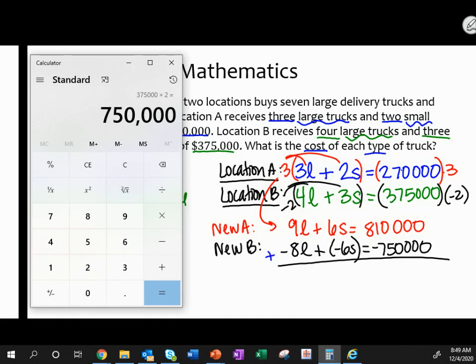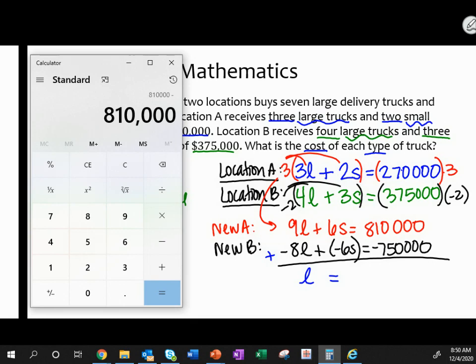Now when we add, 9L subtract 8L is a single L, which you don't have to write the coefficient of 1. 6S plus -6S is 0, so it's gone. And then 810,000 subtract, well, it's plus -750,000.